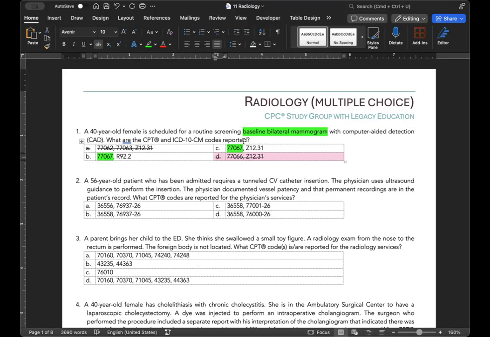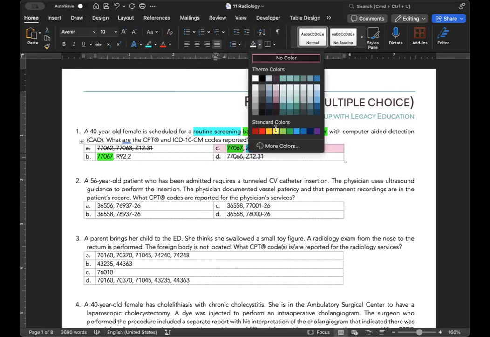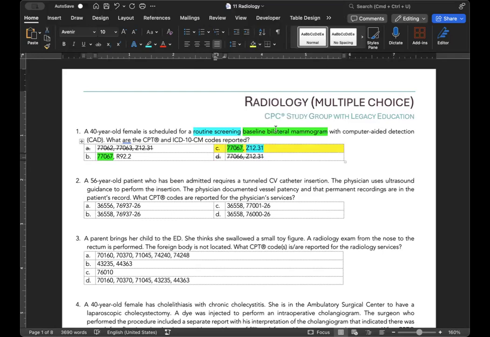Since they're just coming in for the routine screening, there's not any other complaints or anything like that prompting for that mammogram to be done, and it is a true screening mammogram, then we're going to use our Z12.31. Any questions on that?